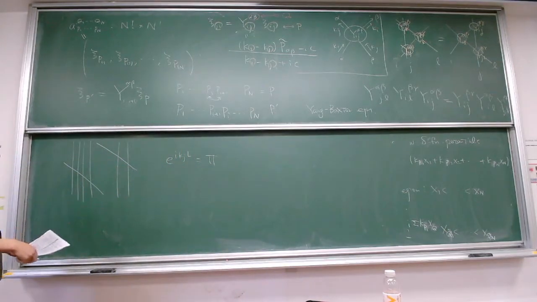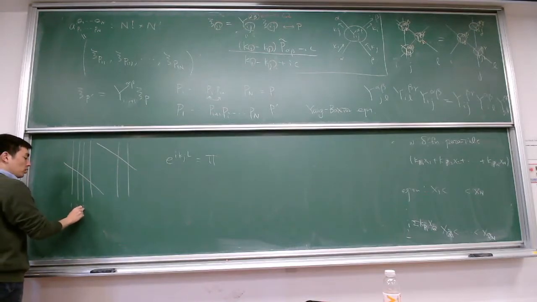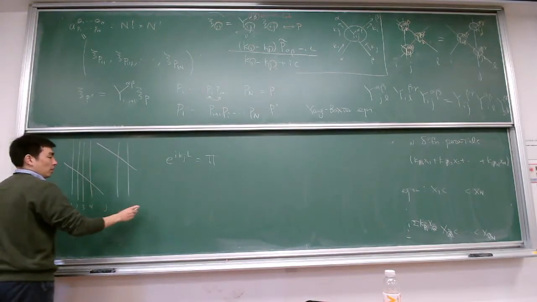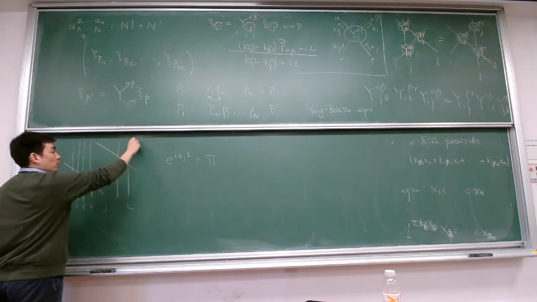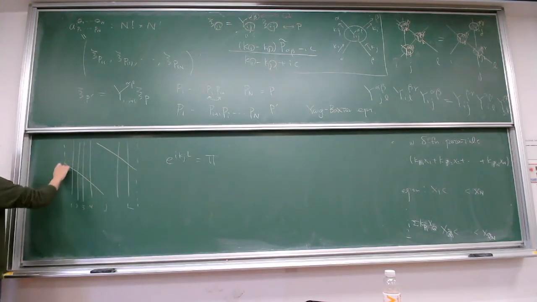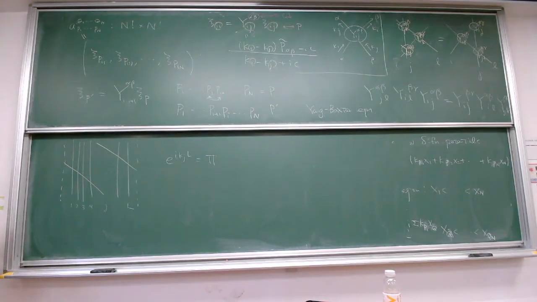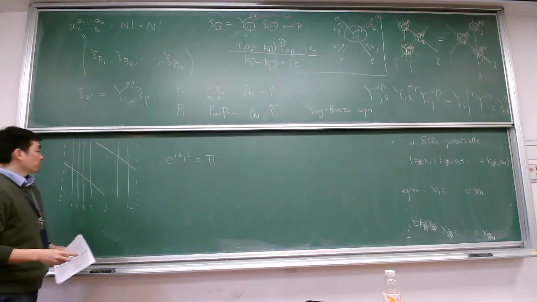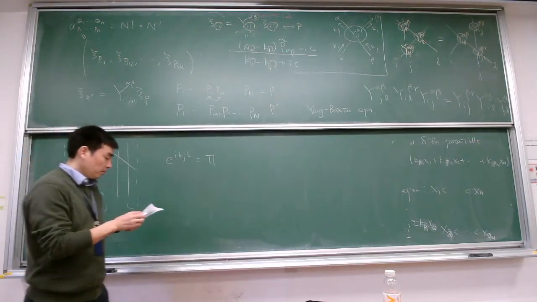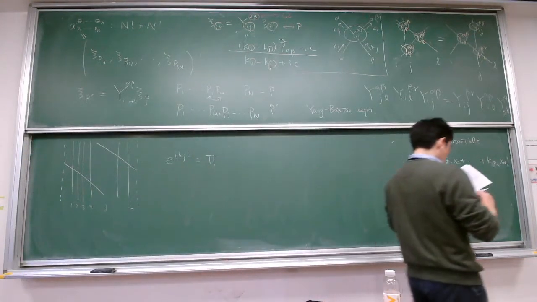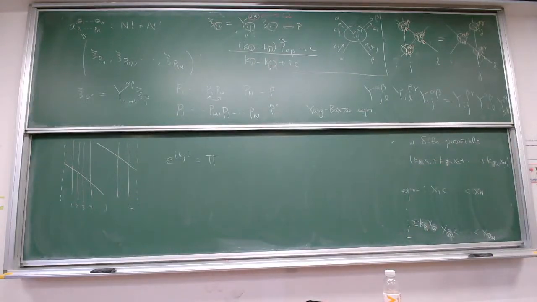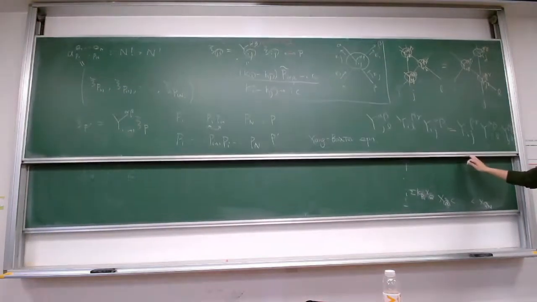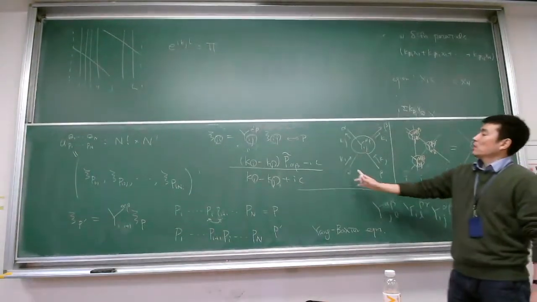So what we need to do is essentially 1, 2, 3, 4 and the j particle, and at the end of the day you have the L particle. Here the particle alpha is scattered.